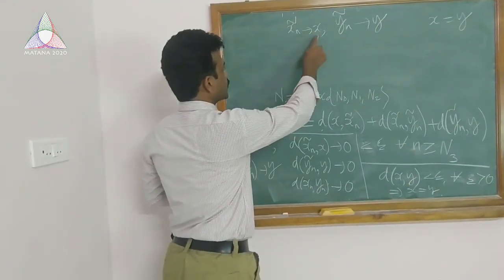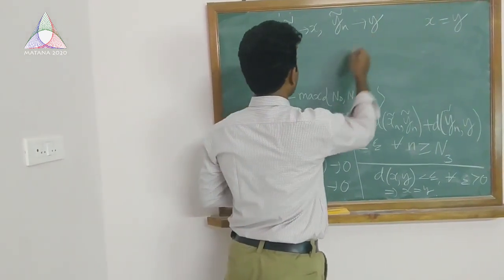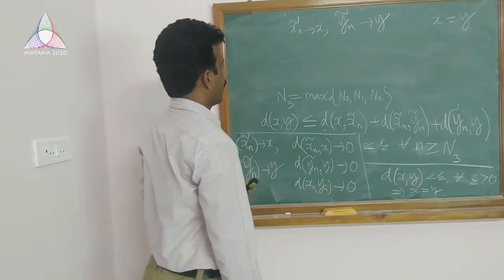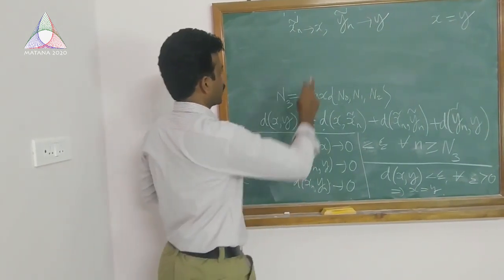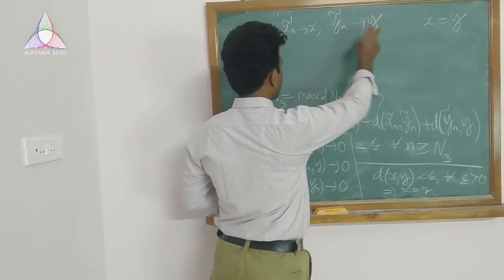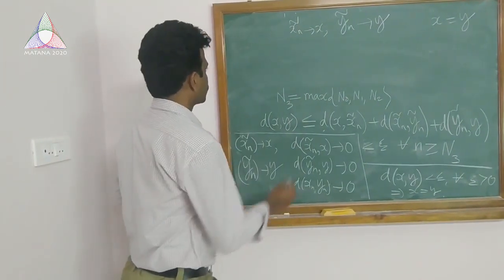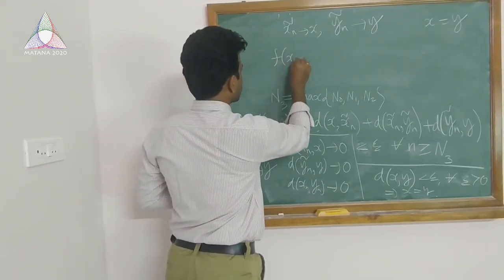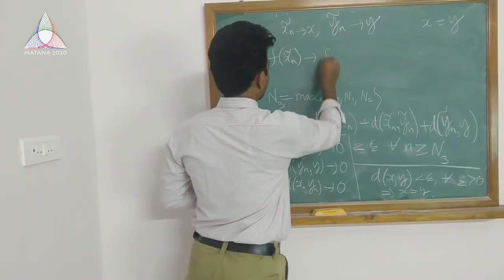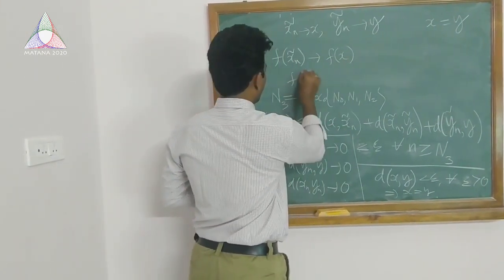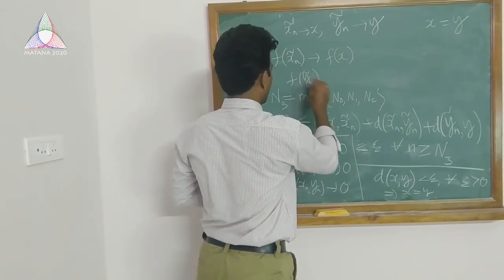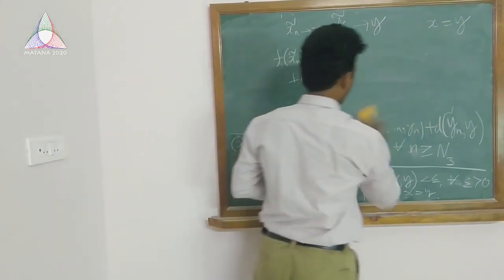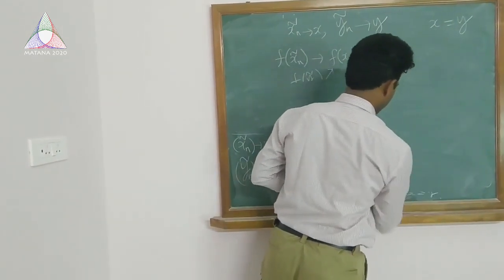These two sequences are in the compact set K, and K is compact, which is closed, therefore x and y are in K, and f is continuous on K. Therefore f of xn tilde is converging to f of x, and f of yn tilde is converging to f of y. x and y are the same, so both are converging to the same limit f of x, because f is continuous on K.